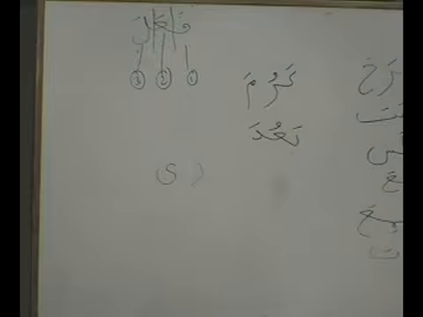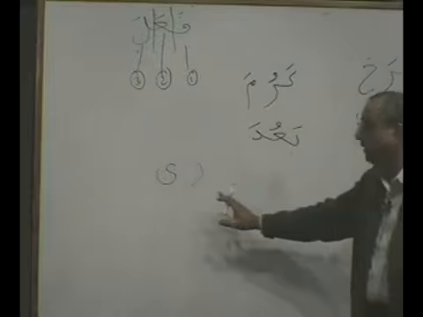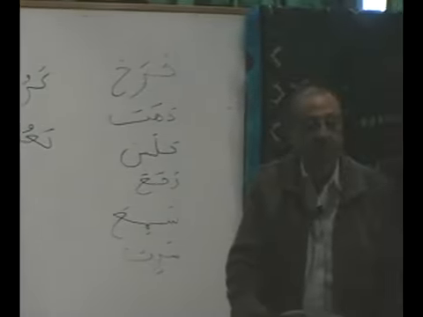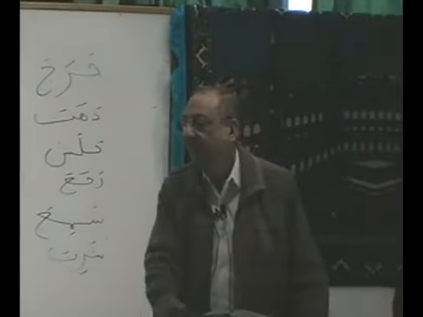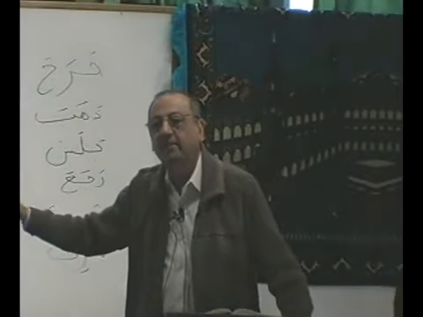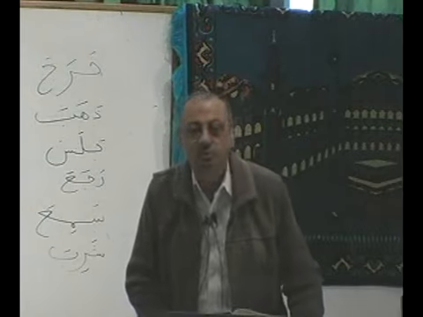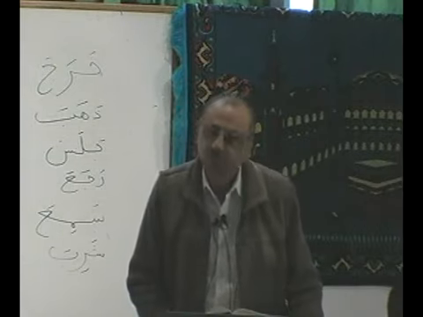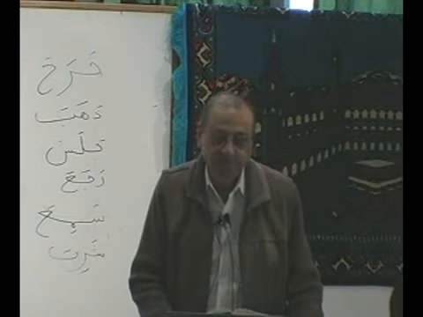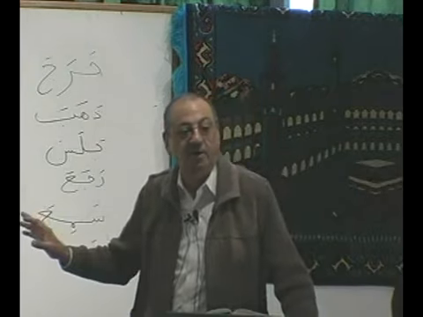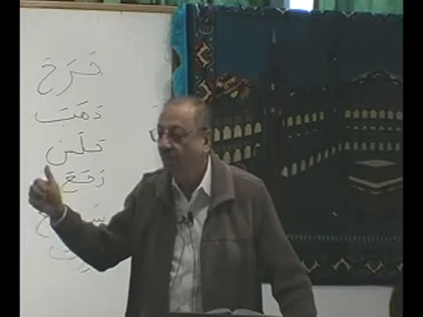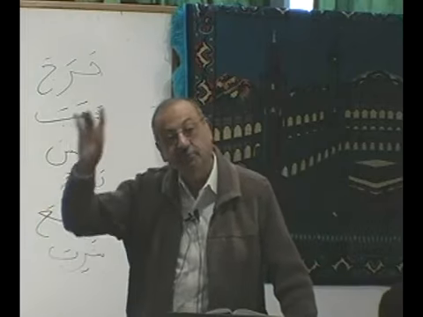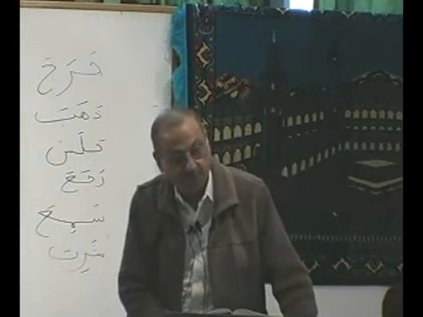Okay, these weak verbs, brothers and sisters, Dr. Saib Abdur Rahim, in his vision and farsightedness, has put them at the end of book 2. He has put them at the end of book 2. So we won't worry. We will not be studying any verb which has vav or ya in it till we come to the end of the book.